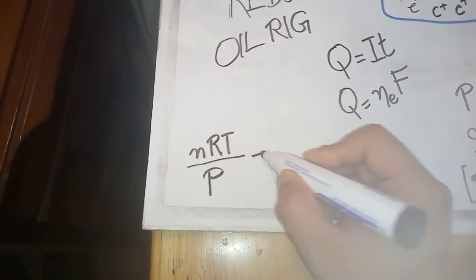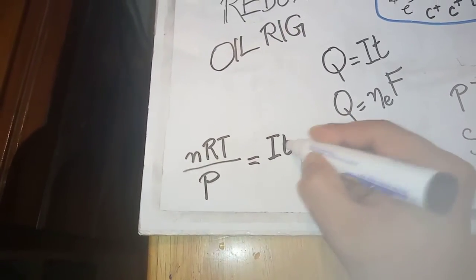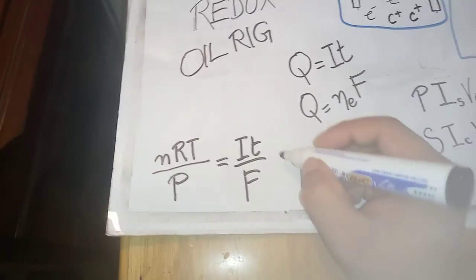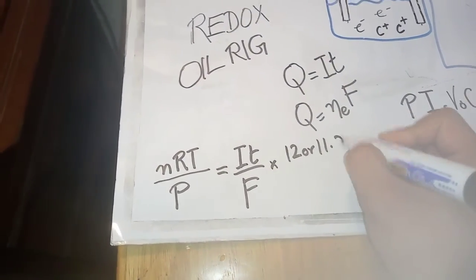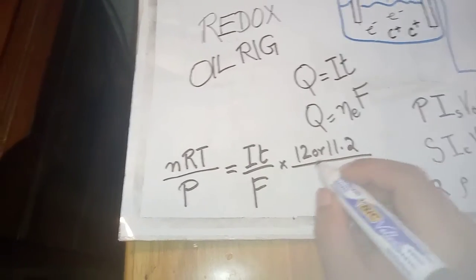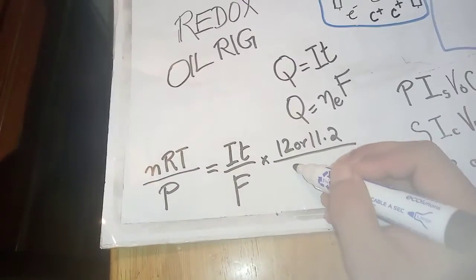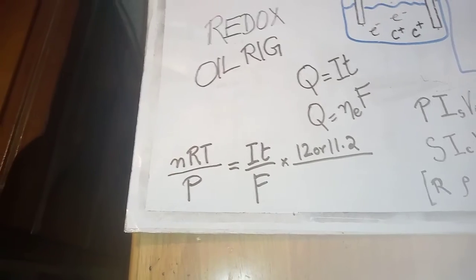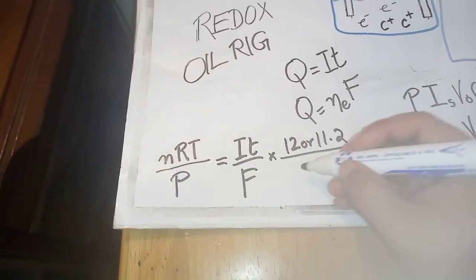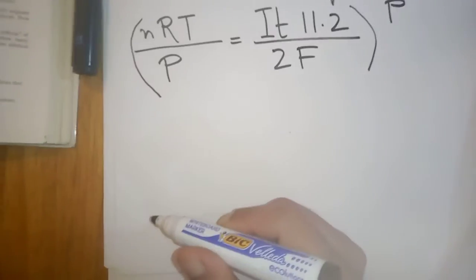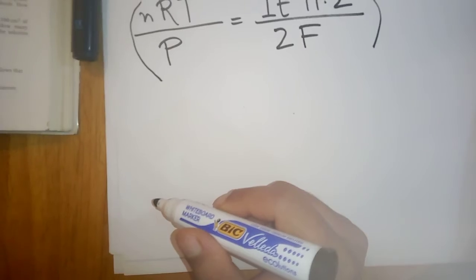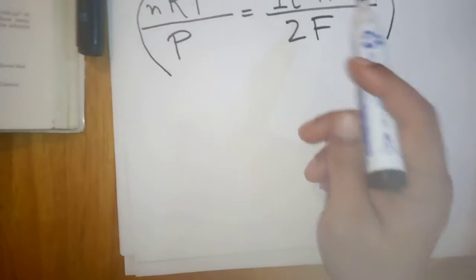nRT over P equals IT over F times 12 or 11.2 over... why 2F? The reason I'm writing 2F is because of the oxidation number. So Z, I'm just going to put Z here. We have to find out the moles first.